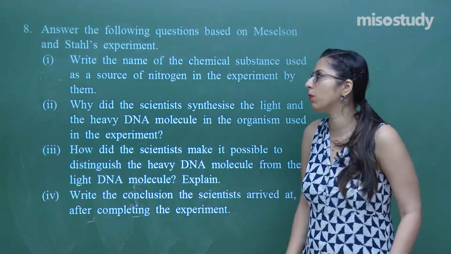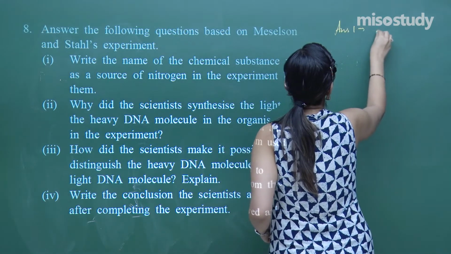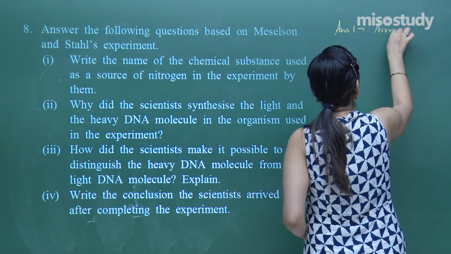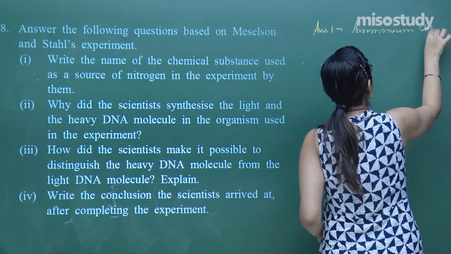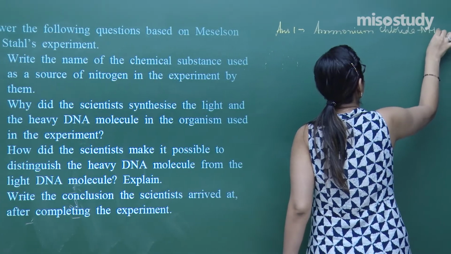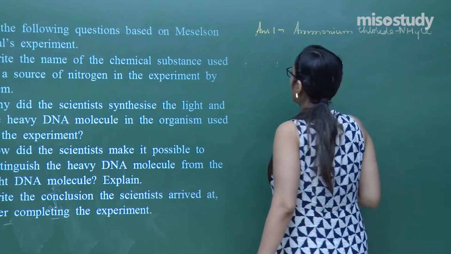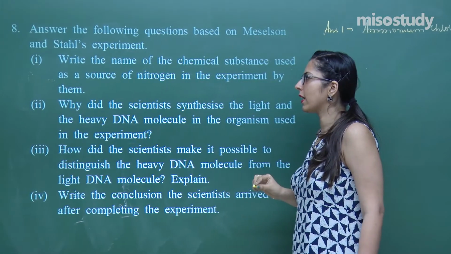So, answer 1 is ammonium chloride. This ammonium chloride is NH4Cl. Now, let's move on to the second part.